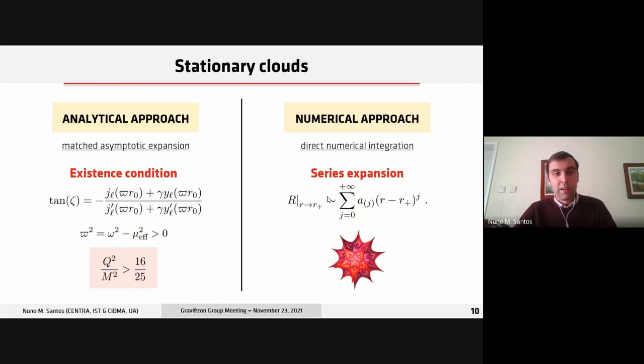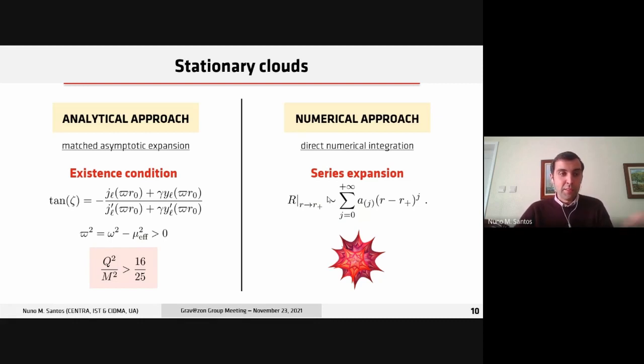We construct approximations to the solutions in the near horizon region and in the asymptotic region, and then we match them in the overlap region. Doing that, we obtain this condition on the left for the existence of these stationary clouds.